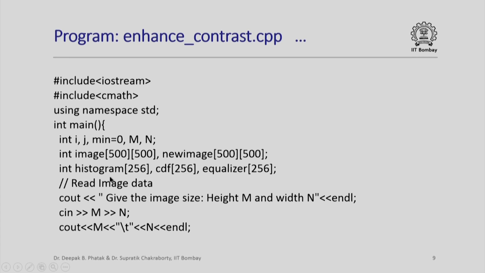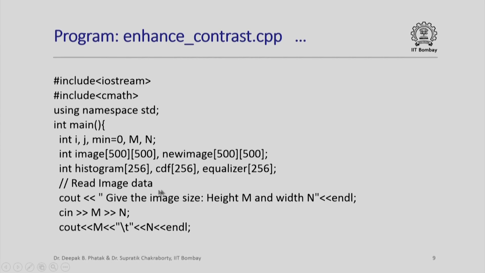Notice three arrays which I used to store the histogram, to store the cumulative distribution function values, and to store what I call the equalizer. This equalizer is nothing but the value which we obtain after applying the formula. So, if a pixel value is say 58, I will just go to the 58th entry in this equalizer array and that value will be the new pixel value for the new image.